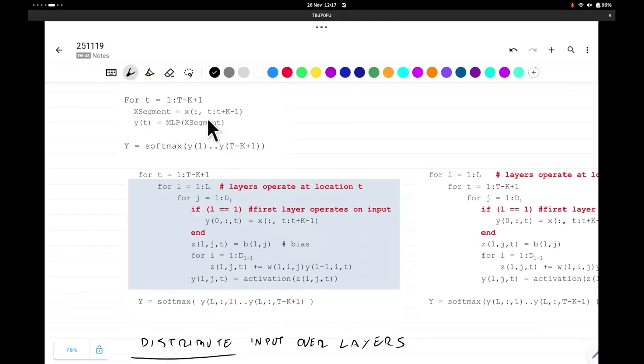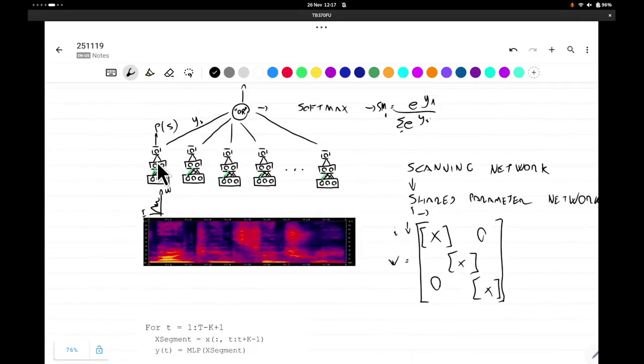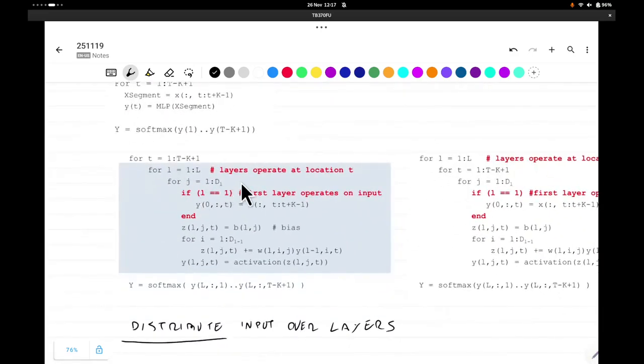And exploding a little bit the multilayer perceptron part, you have a loop over layers. So here would be layer 1, layer 2, and layer 3 in this cartoon. For each layer you go over all the nodes in the layer, and for the first layer the output of the layer is actually the input, but otherwise you do the affine transformation, so initialize with the bias and then multiply by the weights.